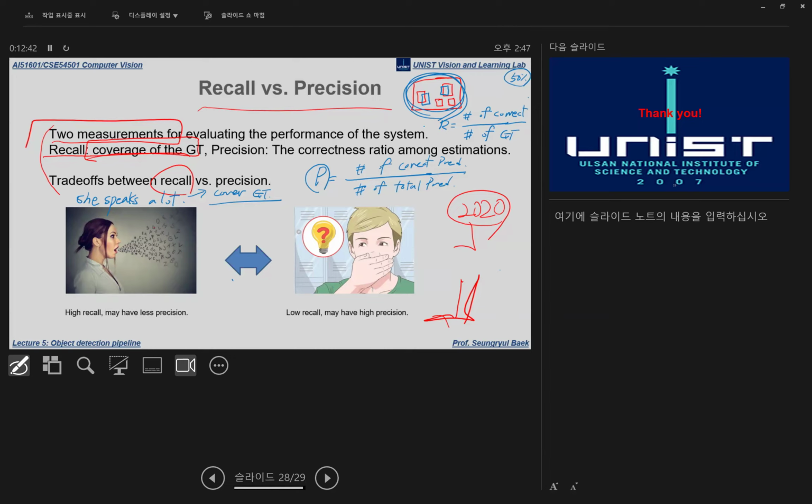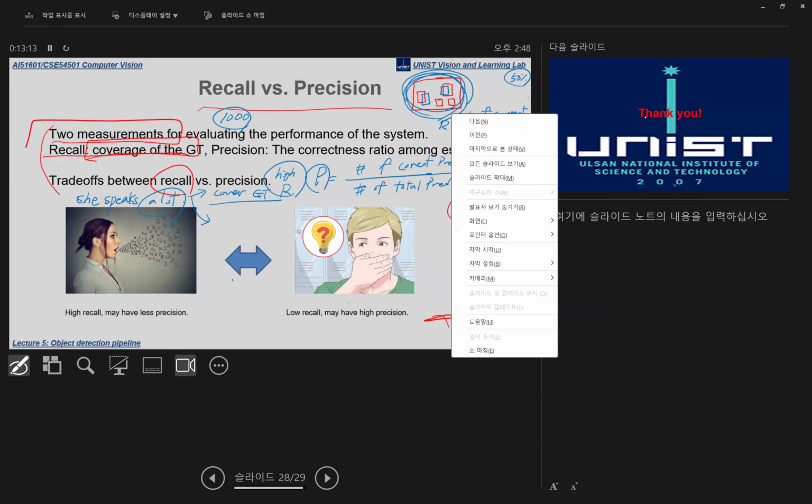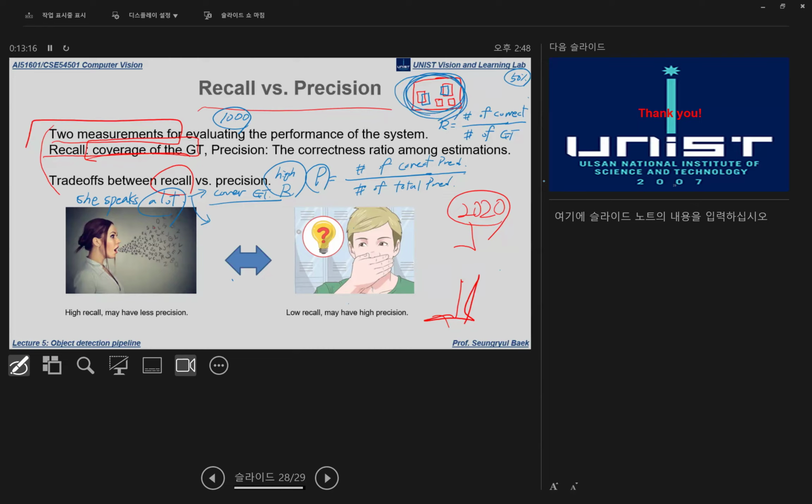So if we estimate a large number of predictions, then it tends to have high recall. But in the opposite way, let's say they estimate 1,000 predictions, and there are only four ground truth bounding boxes. Then among these 1,000 bounding boxes, most of them will be wrong.